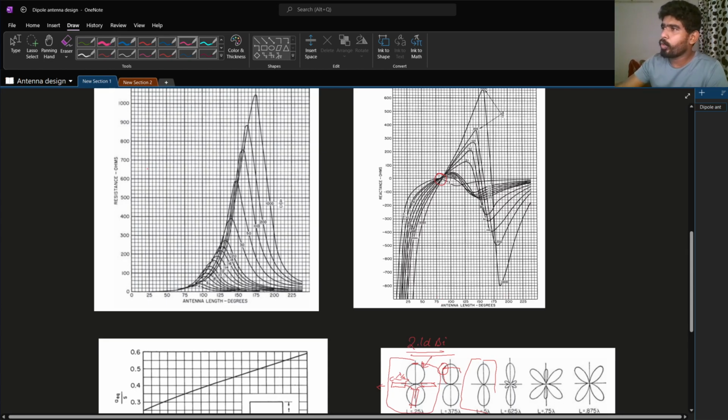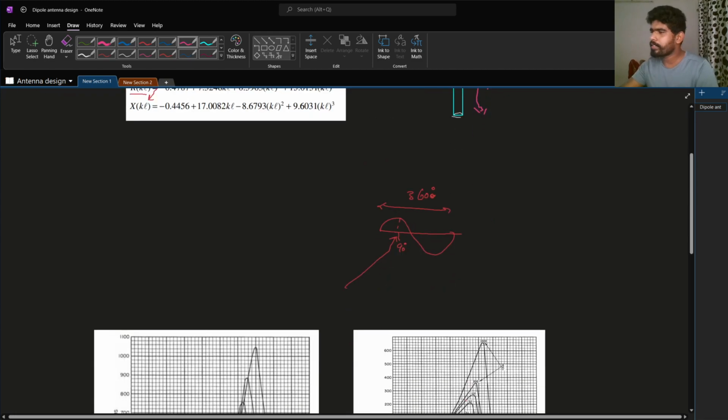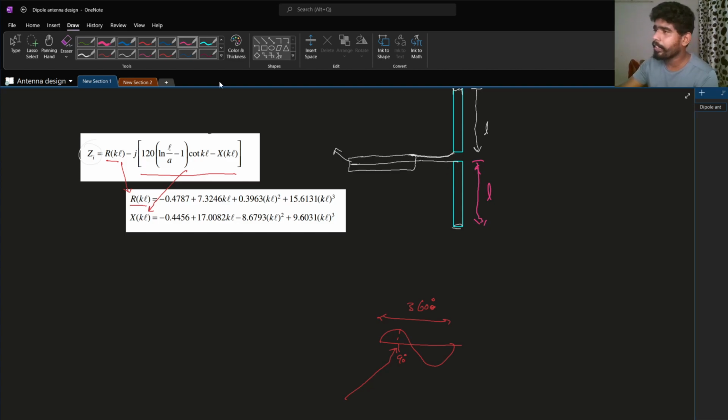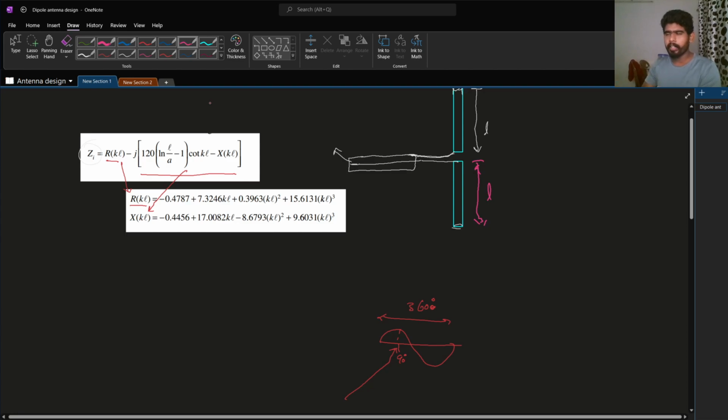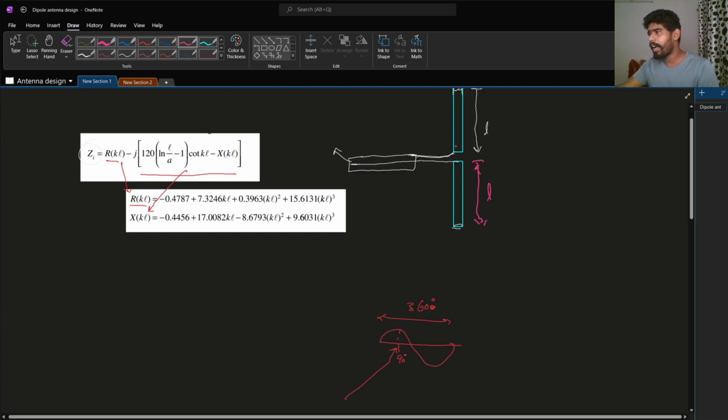And the next, so I missed something. You fabricated it, you considered all things, and you can design the balun, and still your VSWR or return loss, meaning the efficiency, is less. At that time what you can do is adjust this gap and do the impedance matching by adjusting the feed.